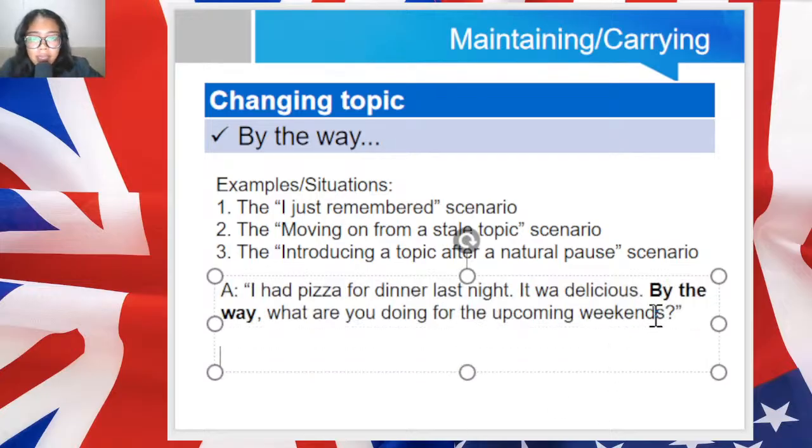Example 2. Let's just put it B. The current topic is a celebrity's new movie. And then the new topic would be how busy you are with work.